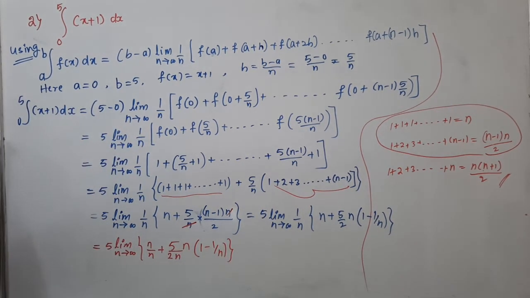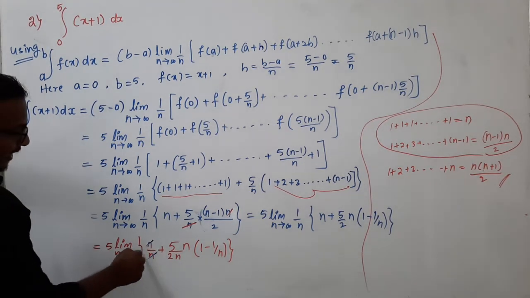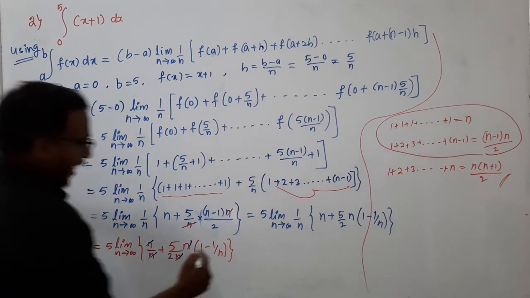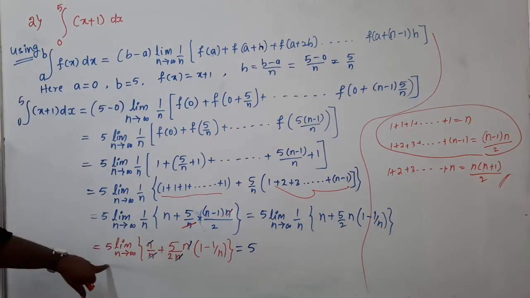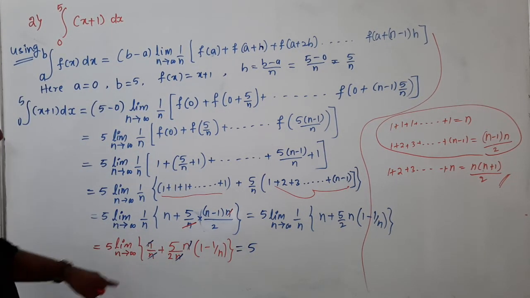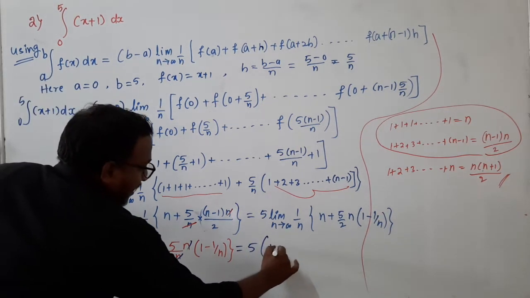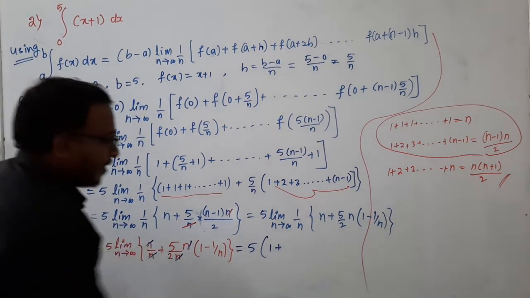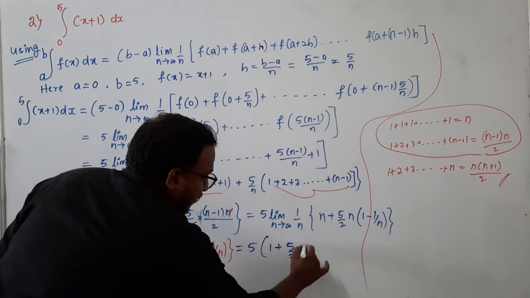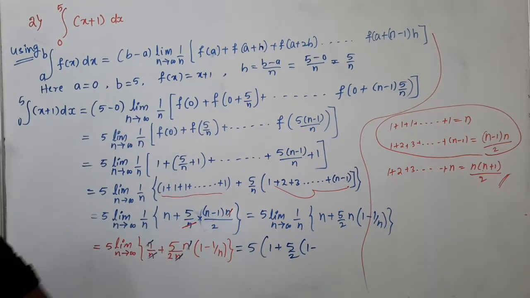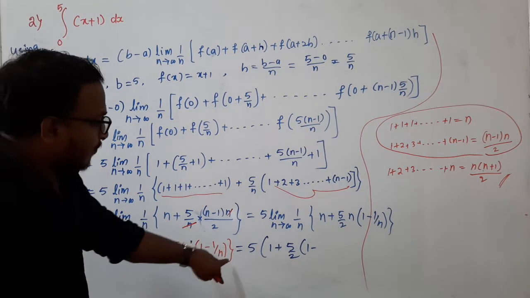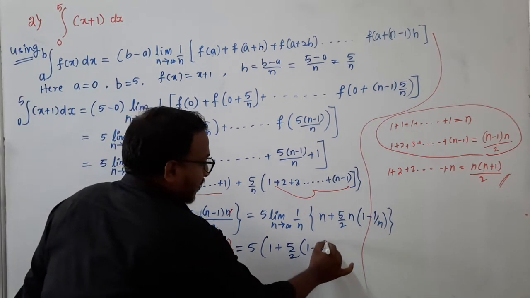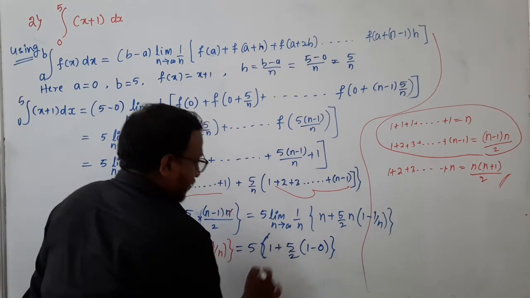Now it easily cancels, n gets cancelled. Now apply the limit n tends to infinity. It will become 5 by 2 into 1 minus, here n going to infinity, therefore this value becomes 0.